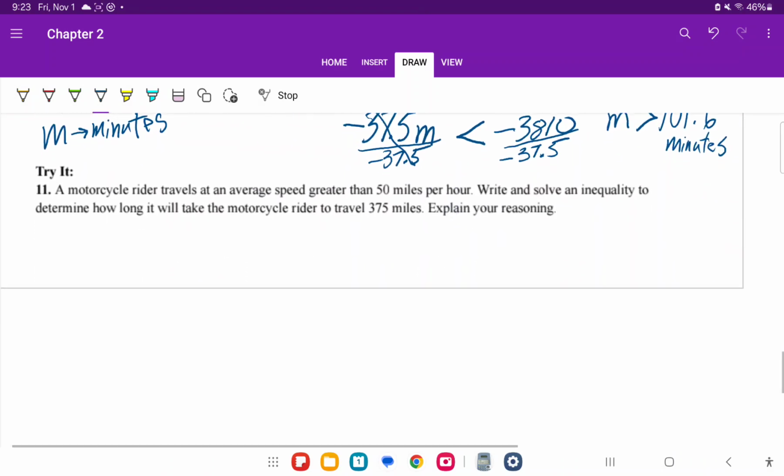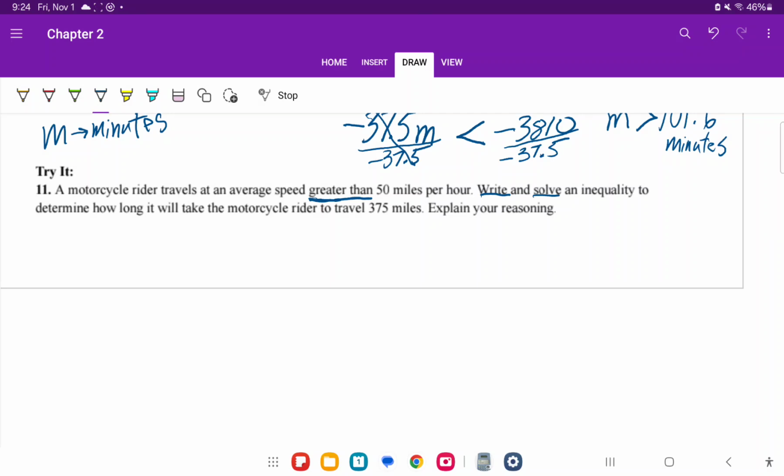Okay. So let's look at number 11. Number 11, a motorcycle rider travels at an average speed greater than 50 miles per hour. Okay. Write and solve an inequality to determine how long it will take the motorcycle rider to travel 375 miles.